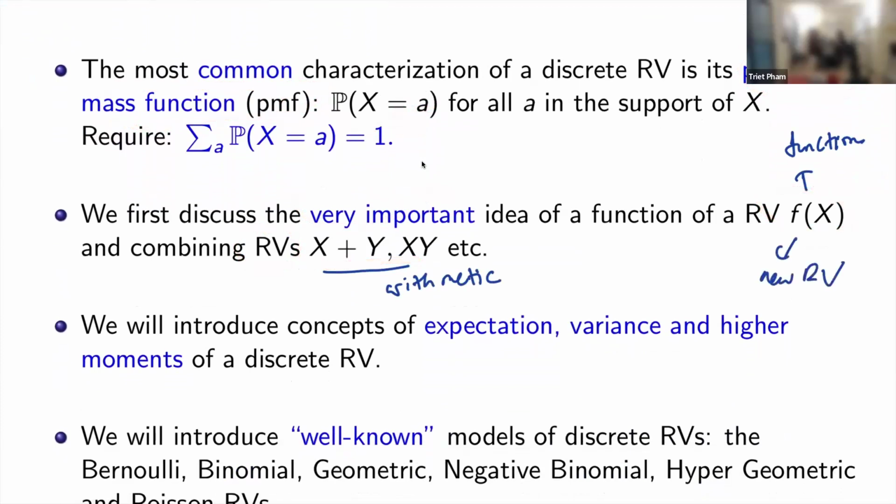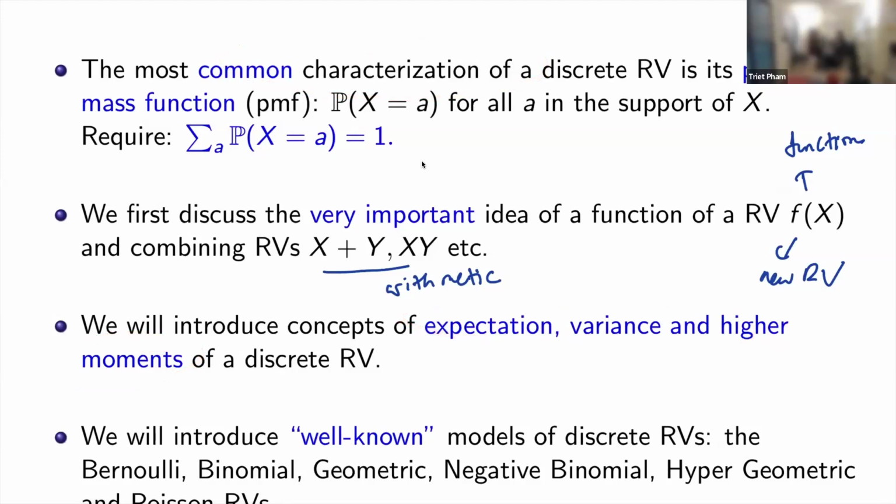Okay. And whenever you have a new random variable, of course, the one thing you would ask is, what is it? What is this random variable that I just got? And so you go back to characterization again. Should be at least intuitive that if you combine discrete random variables, you get discrete random variables. So you would again ask, okay, what is the mass function of this new random variable that I got? And this is probably the reason why random variables are introduced.